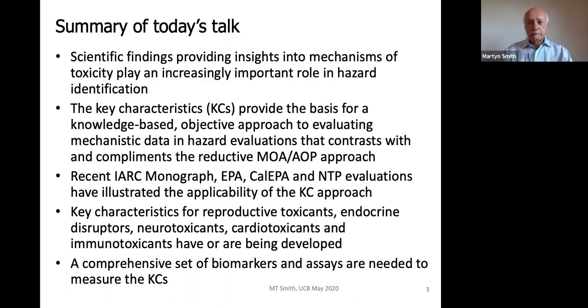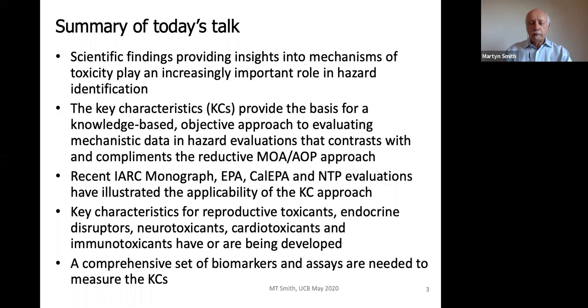So, a quick summary. Scientific findings are providing insights into the mechanisms of toxicity, and these are playing an increasingly important role in hazard identification. The key characteristics form the basis of a knowledge-based, objective approach for evaluating mechanistic data in hazard evaluation that contrasts with and complements the reductive MOA and AOP approach.